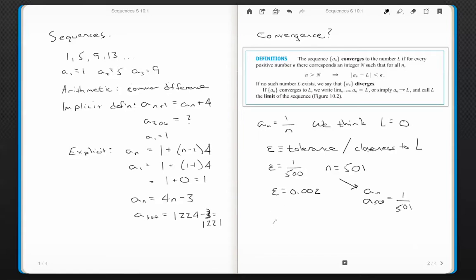If we do our test here, 1/501 minus 0, the distance between my nth term and my proposed limit is definitely going to be less than epsilon. So this works out. Can I get really close? No matter how small an epsilon we pick, can we find an n big enough that it works? Sure. That is the definition of convergence.